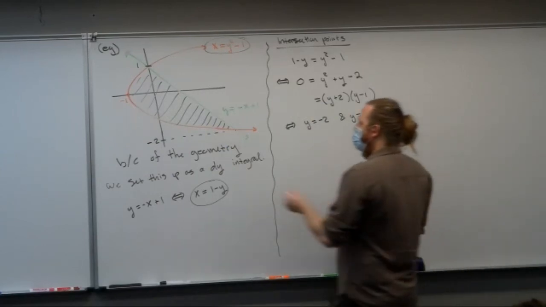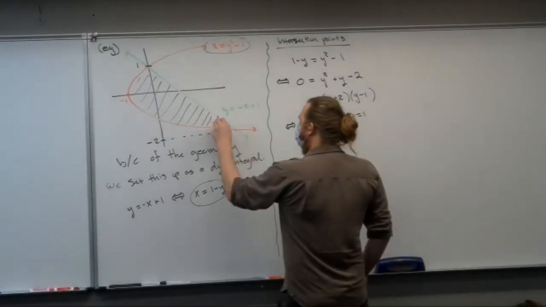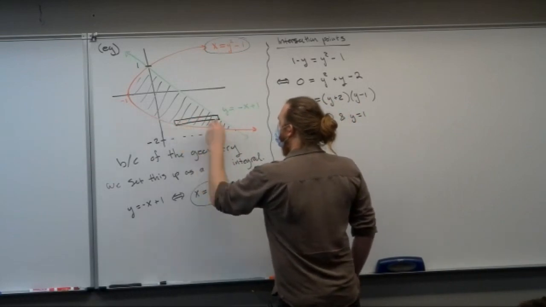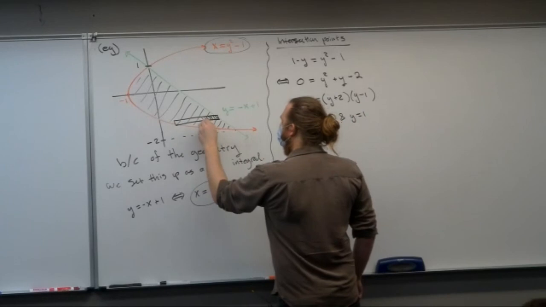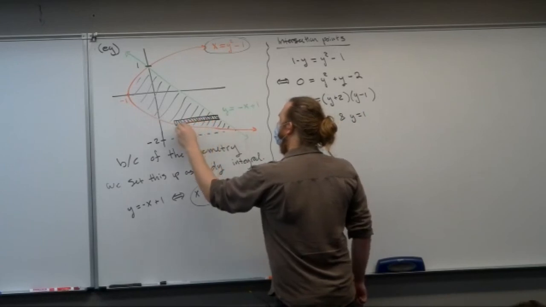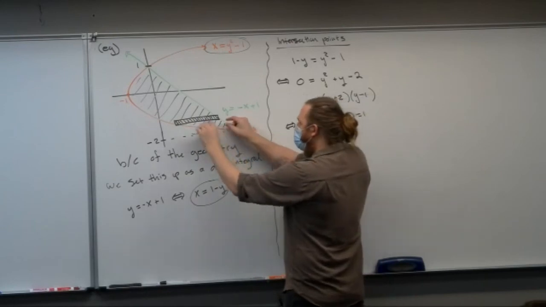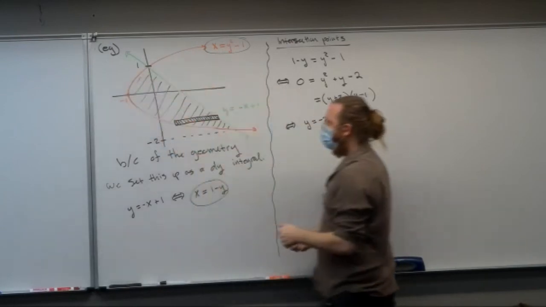And remember, we want to think of our integral as adding up a bunch of areas of little Riemann rectangles in here. And that rectangle kind of starts out down here and moves through the region up to here.